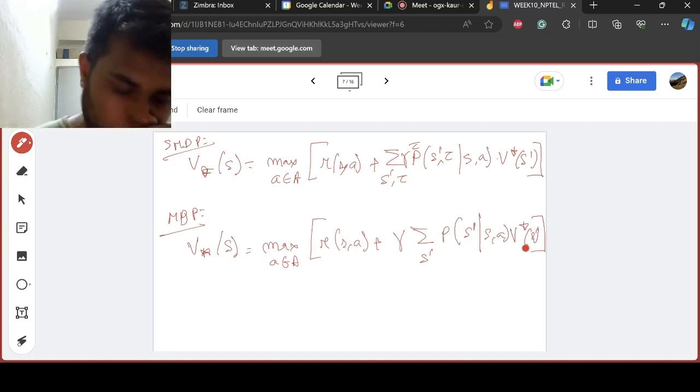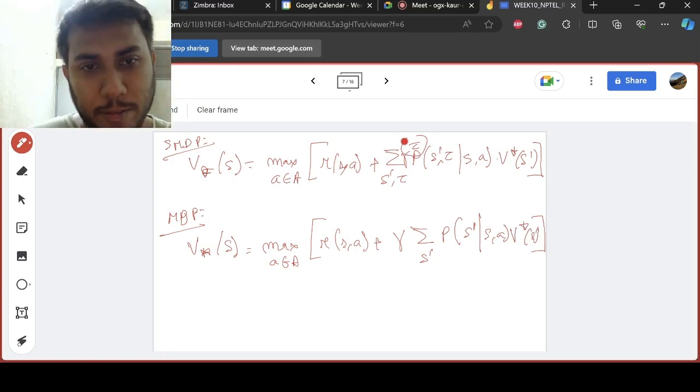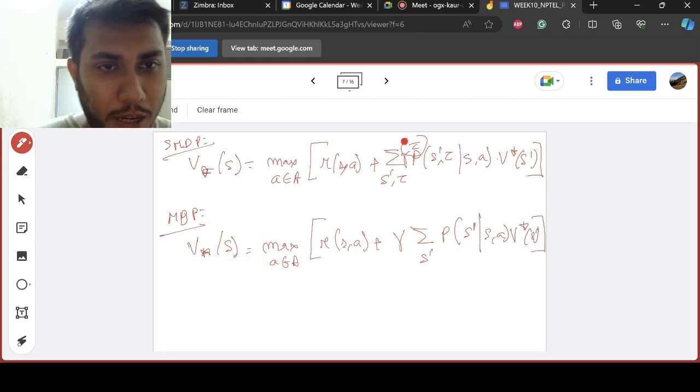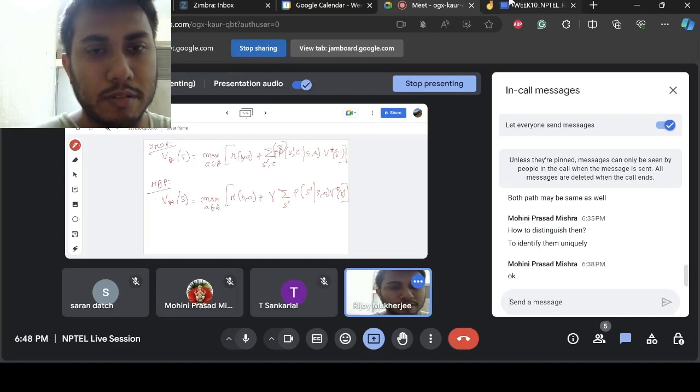Right, so see the difference. You have to include this extra random variable which you are using currently, that is tau.